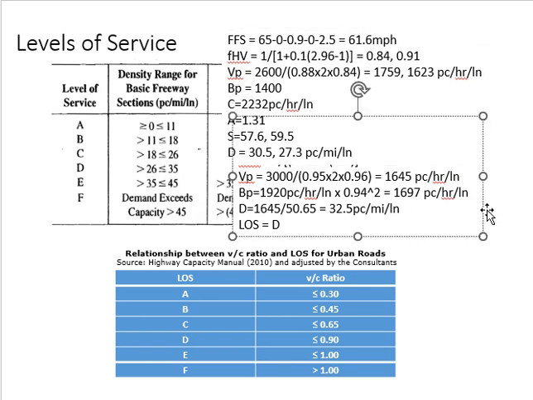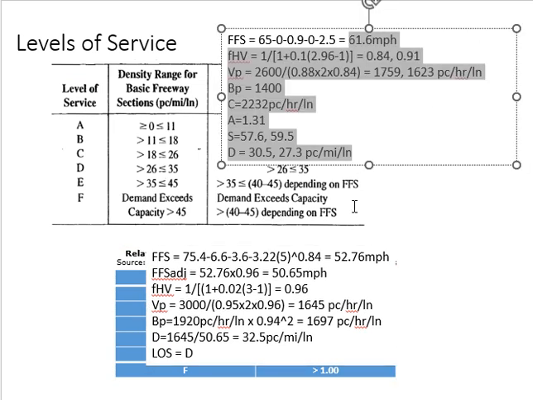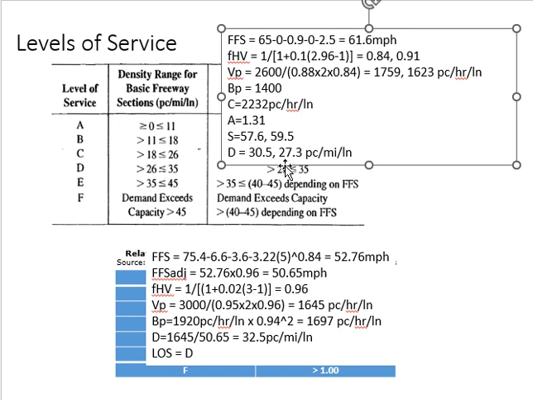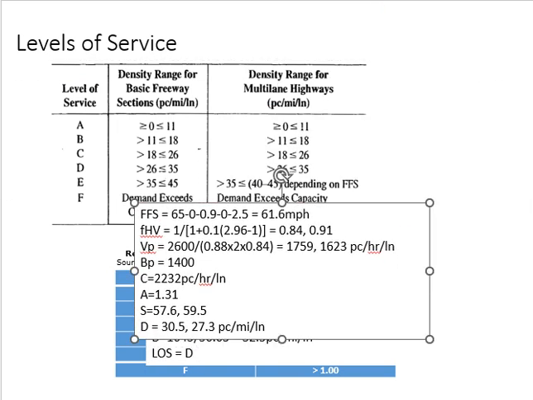Okay, we are doing multilane highway, but the ranges are the same in any case. 30.5, we are here. 27.3, still we are here.